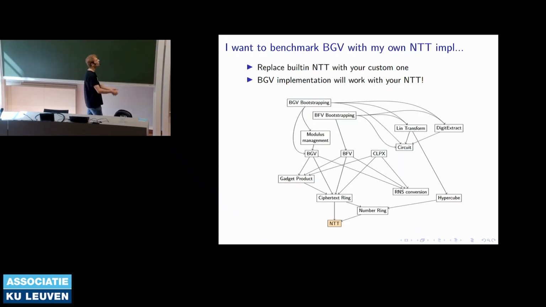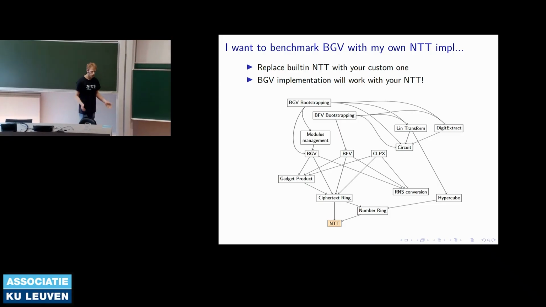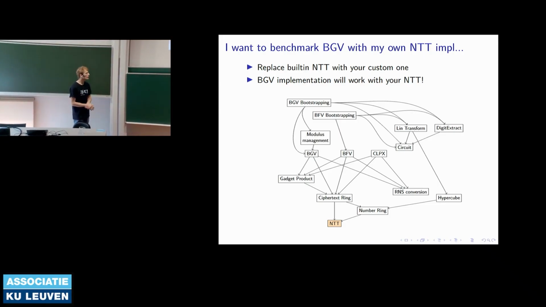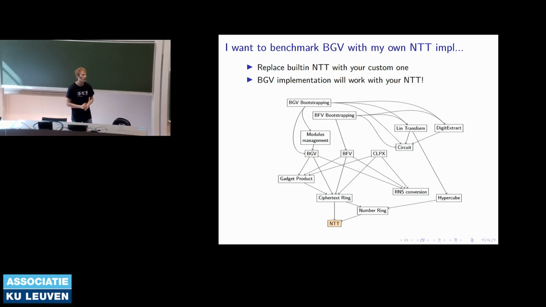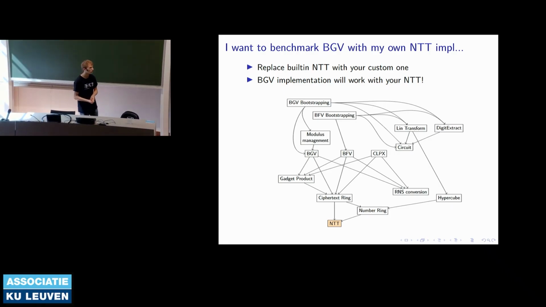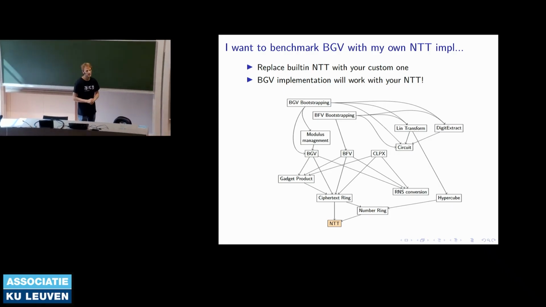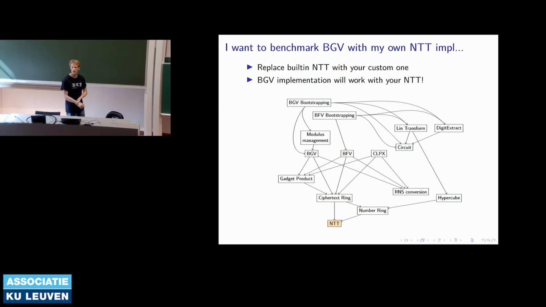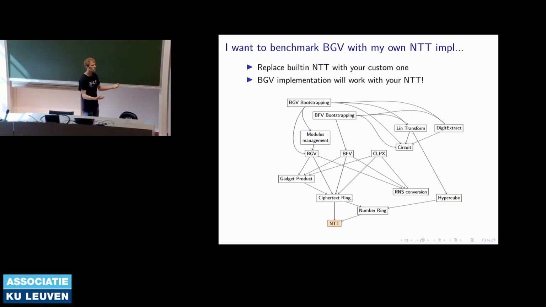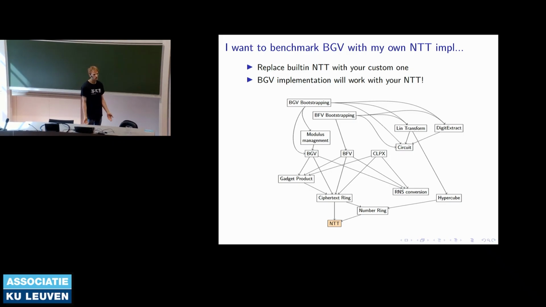Say you're a low-level implementation person or a hardware person, and you have this new way of computing an NTT. You want to see how much this will speed up homomorphic encryption schemes, homomorphic operations. You could do it with any previous HE library by going to the source code and replacing the implementation of the NTT.